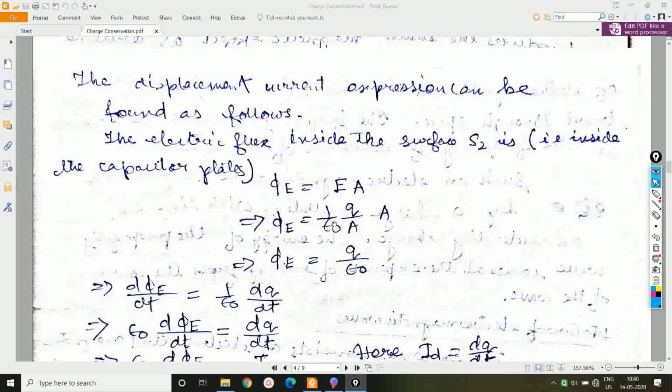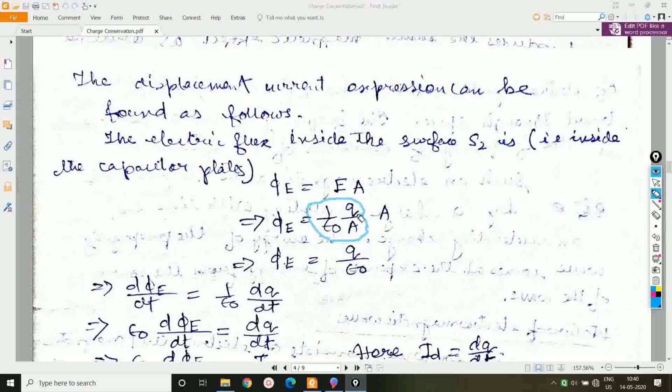So phi I can write to be 1 by epsilon 0 q by A into A. This again comes from Gauss's law, 1 by epsilon 0 times the charge enclosed by the surface, and it is actually derived for the capacitor.